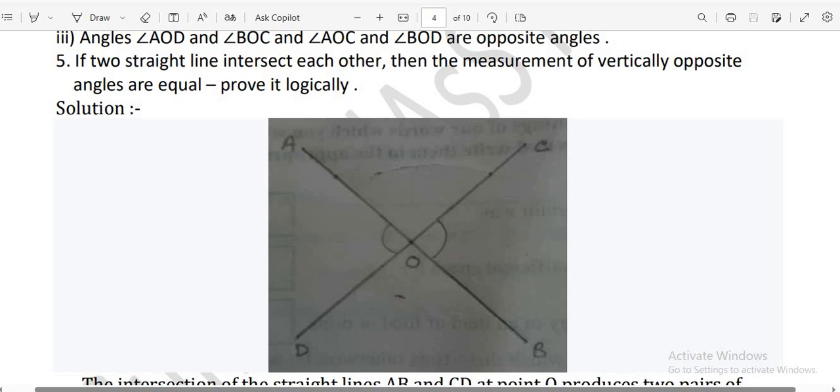Next math solution: if two straight lines intersect each other, then the measurements of the vertically opposite angles are equal. Prove it logically.